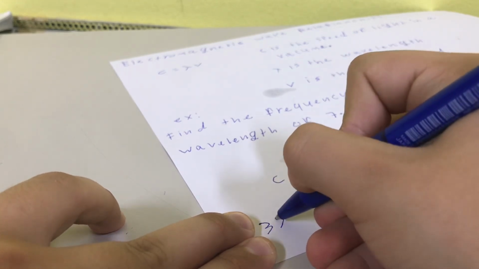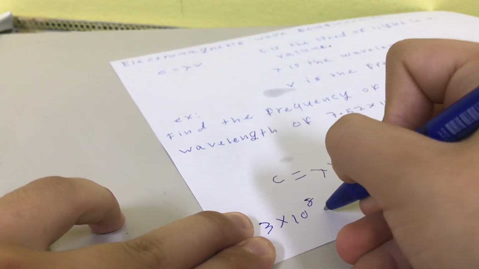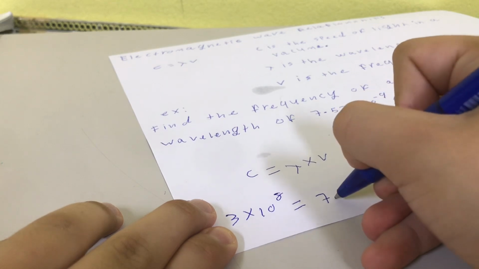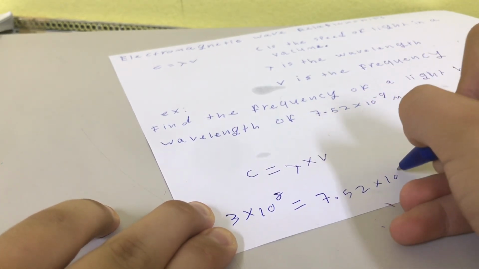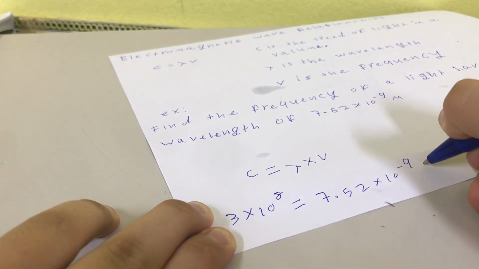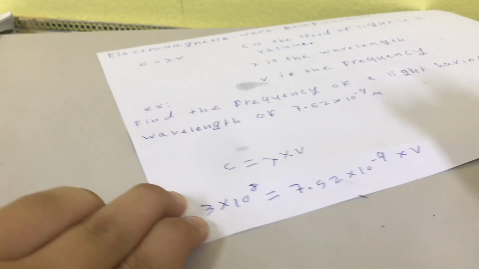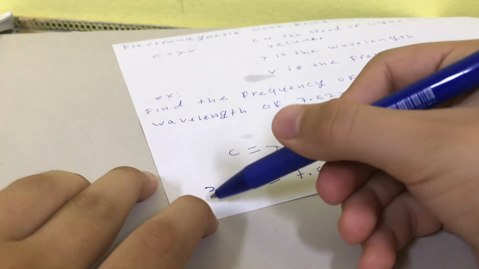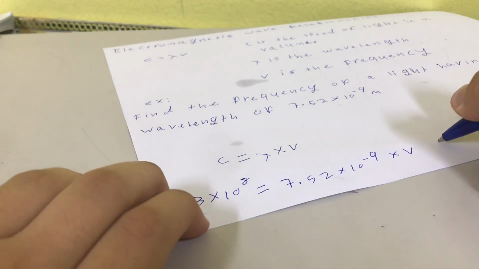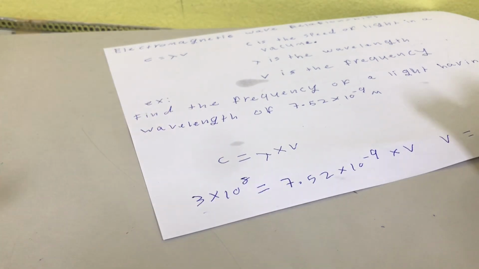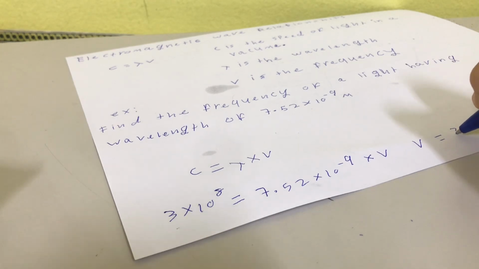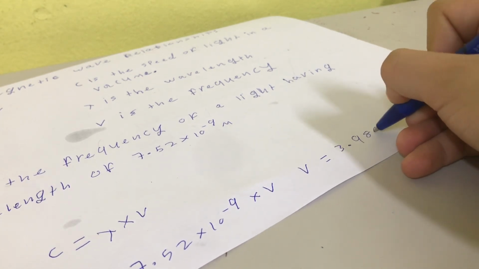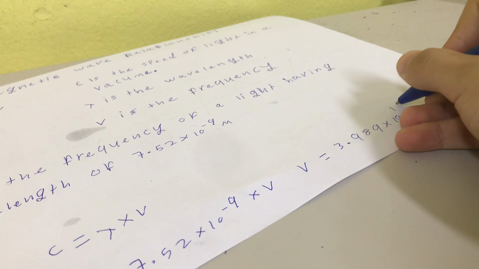C is 3 multiplied by 10 raised to the 8th power, which equals the wavelength 7.52 times 10 raised to the negative 9th meters times V. So we divide both sides by 7.52 times 10 to the power minus 9, and we get V equals about 3.989 times 10 raised to the 16 hertz.